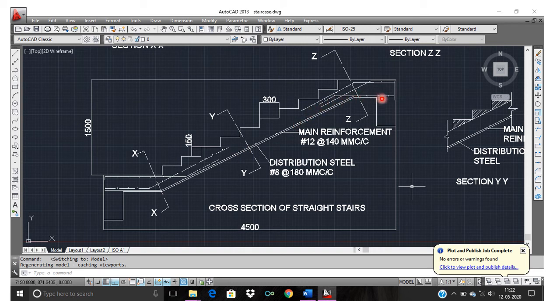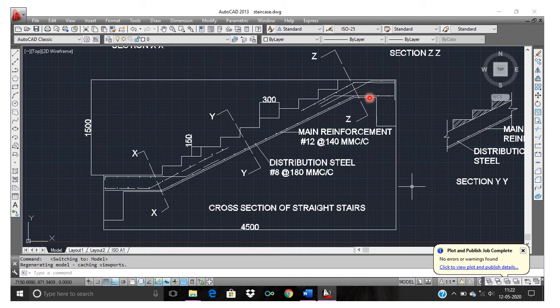The same main reinforcement provided at the bottom of the waist slab is continued inside the bottom of the top landing slab. See here, the main reinforcement of the waist slab has been continued in the bottom of the top landing slab as the main reinforcement, and above that we provide the distribution reinforcement.